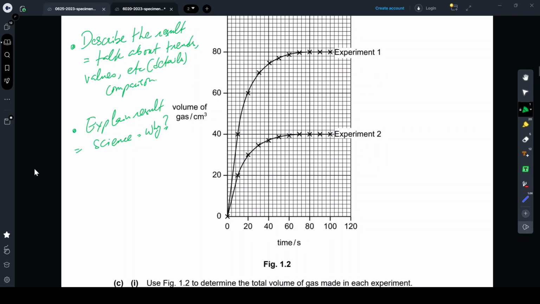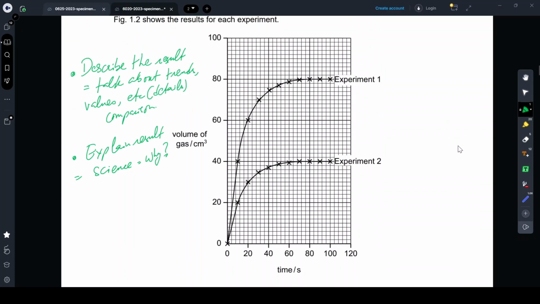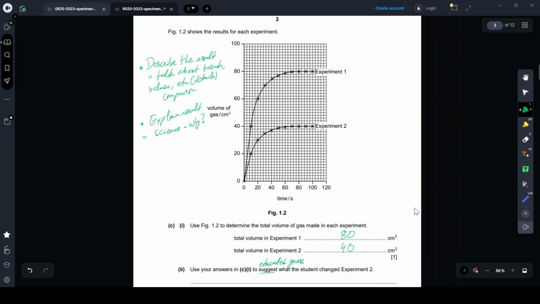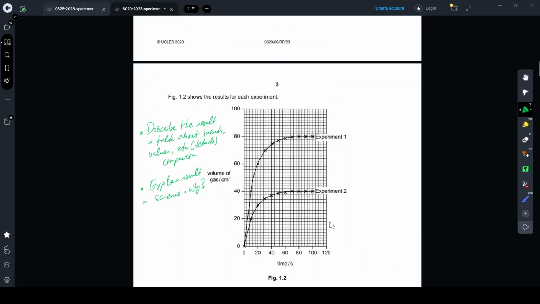Could you zoom out a little so I can see the question and the diagram at the same time? So take a look at this part as well.